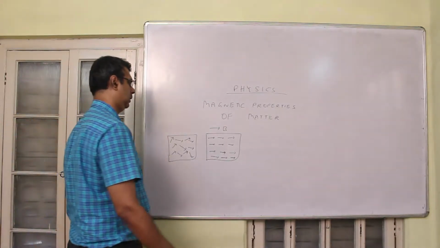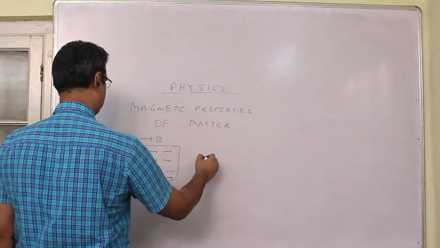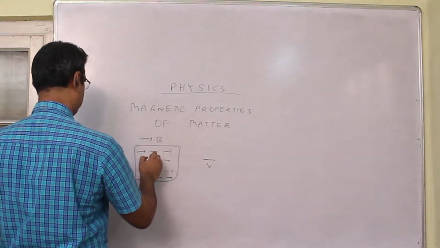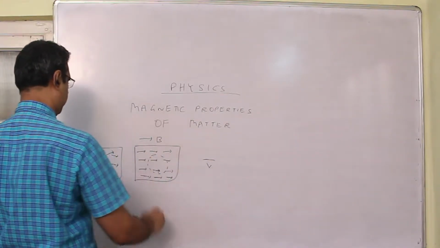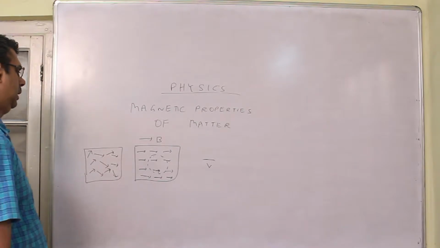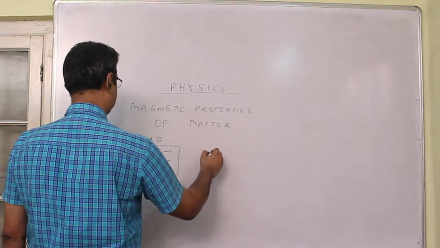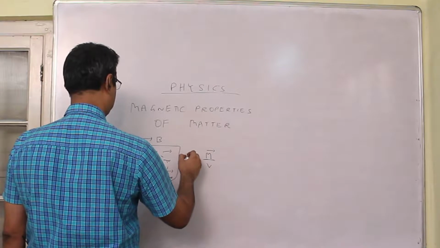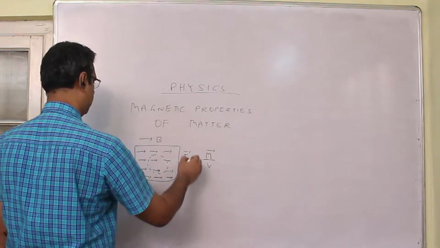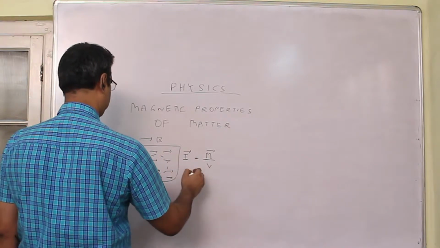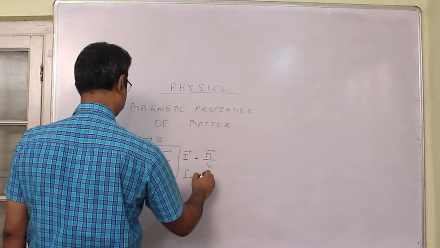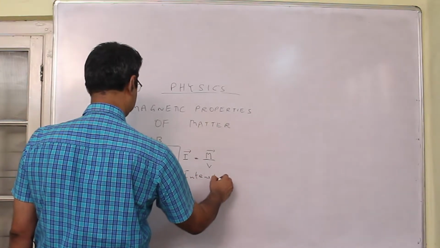And if you take a certain volume V, then the net magnetic moment in that volume is denoted by capital I, that is called intensity of magnetization.